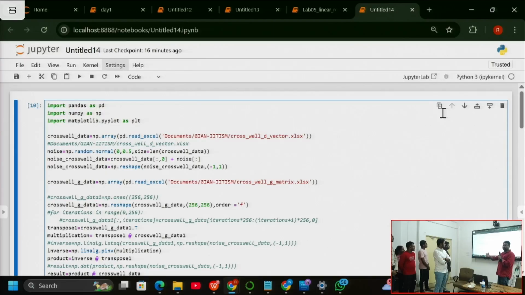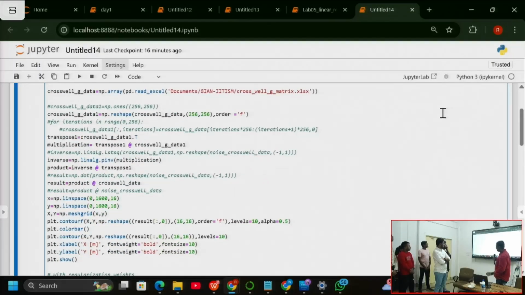Others also mentioned that the inverse in Python is along the rows and columns. We also did it column wise, and we changed that. We did the transpose, GT, which we are talking about.